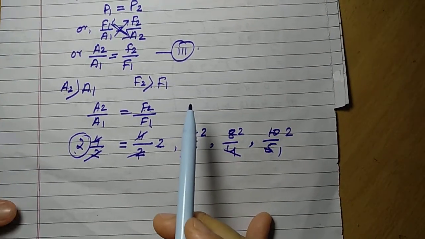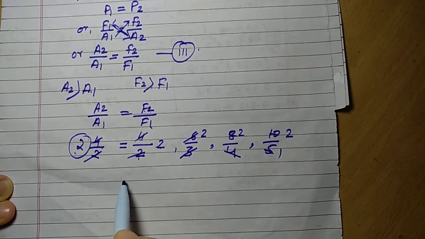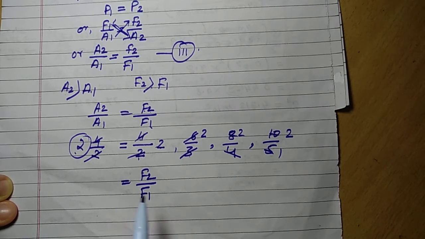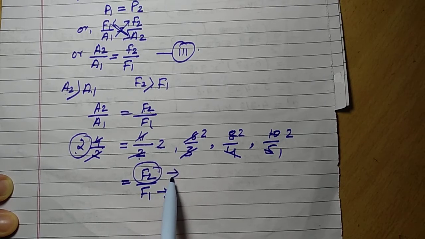This is the principle of hydraulic machine. We have applied force F1 on a smaller piston, which is much easier because it is a small area. But this F2 has been produced by the hydraulic machine itself.